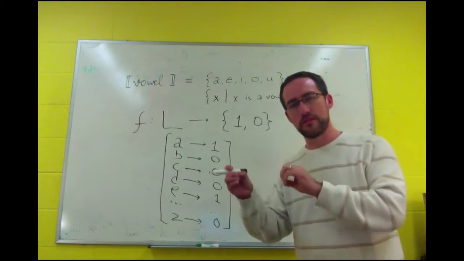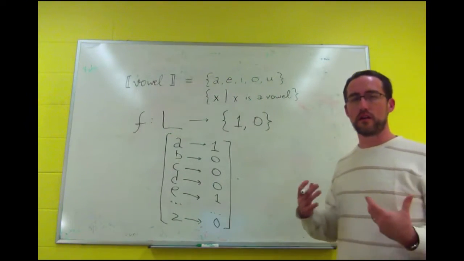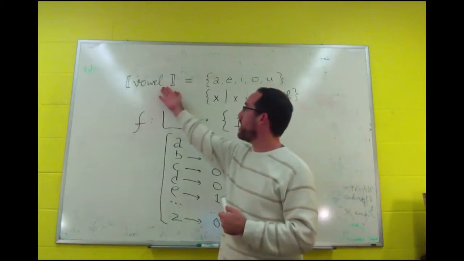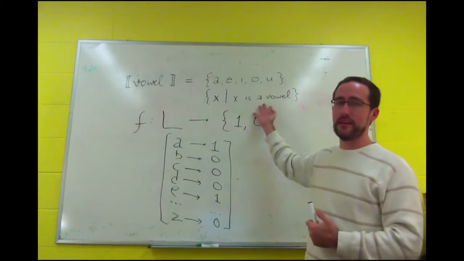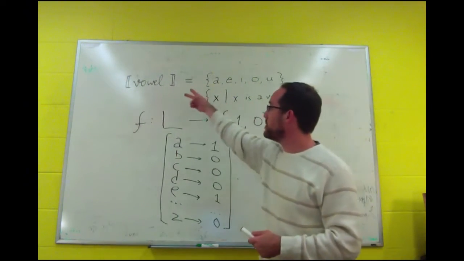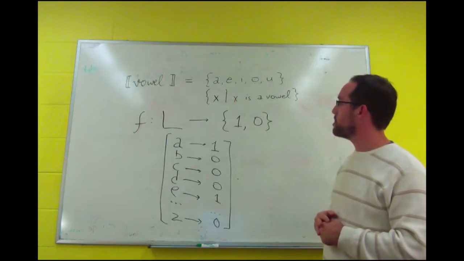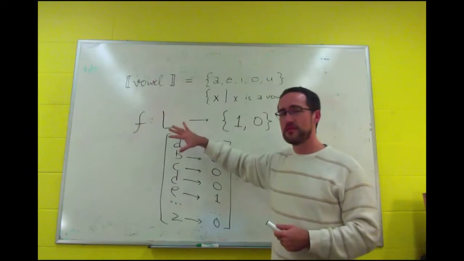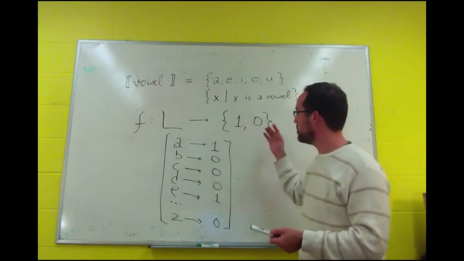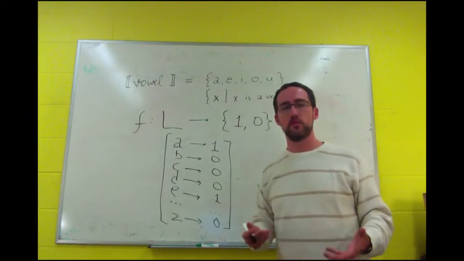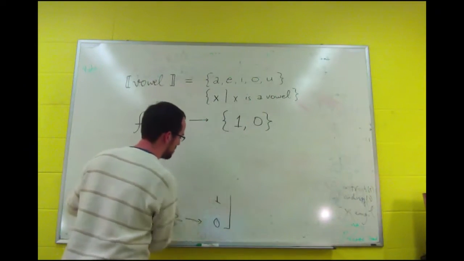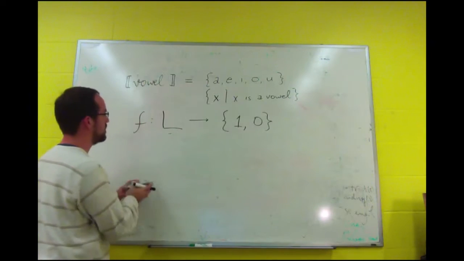And this is going to lead us to our composition, because we'll see that we can turn the word vowel into this abstracted set by taking its meaning. So the meaning of vowel is the abstracted set. It's also this characteristic function, the function that maps, say, from letters to 1 or 0, and it maps it to 1 if it's a vowel. So we can write that out, right?